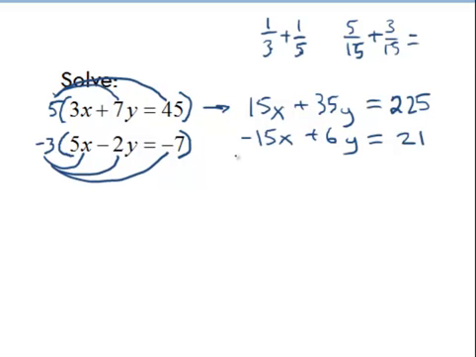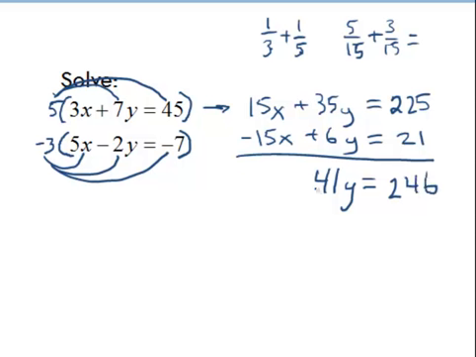And now I'm good to add these equations together. The x's have been eliminated, and the y's haven't. They're 41y. And on this side, 225 and 21 adds up to 246. And if we divide both sides by 41, it does actually divide cleanly. y is exactly equal to 6.